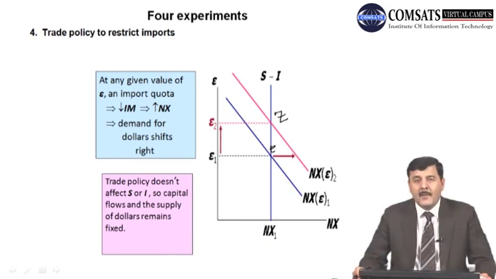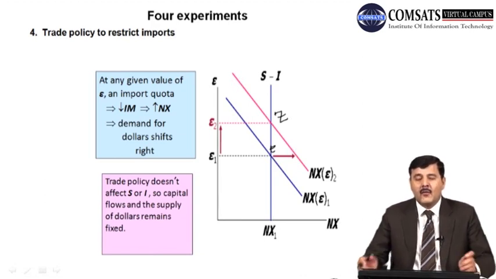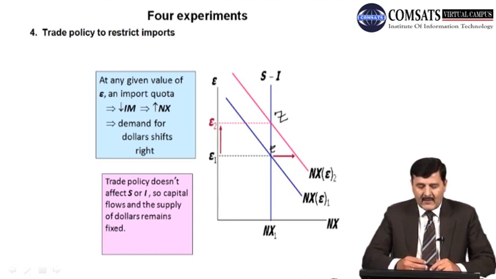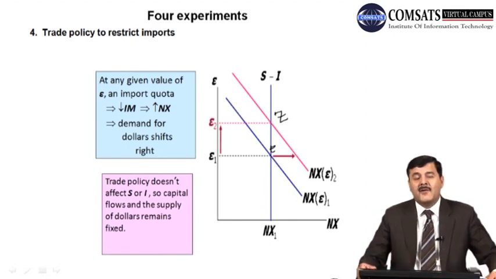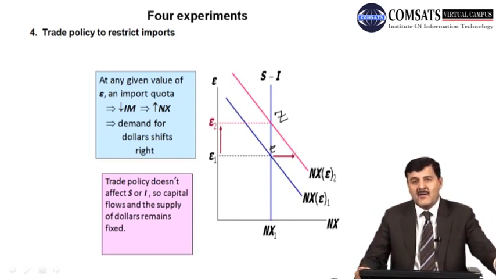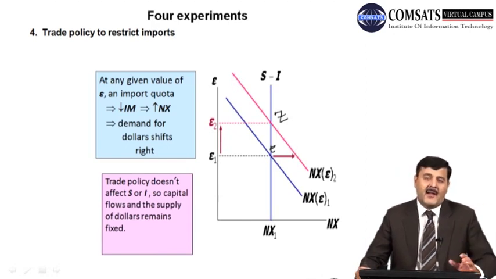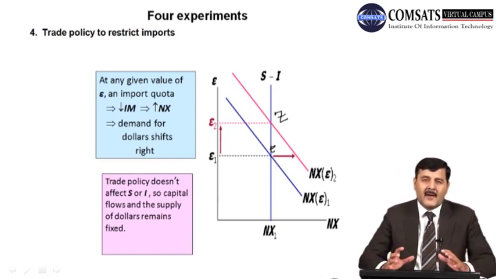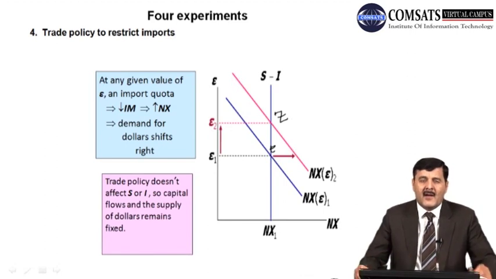So with the imposition of import quota or restrictions on import, the supply of dollar remains the same, net capital outflow remains the same, and net exports remain the same. So we looked at four experiments and tried to determine what will happen to the foreign exchange market, the supply of dollar, and the demand for dollar, and how this effect of supply and demand of dollar can affect the net exports, net capital outflow, saving, and investment in the economy.